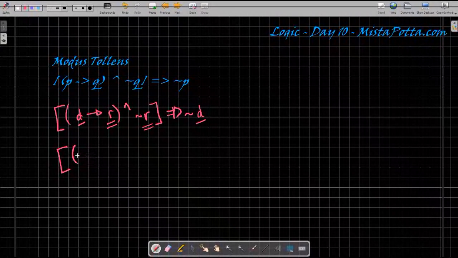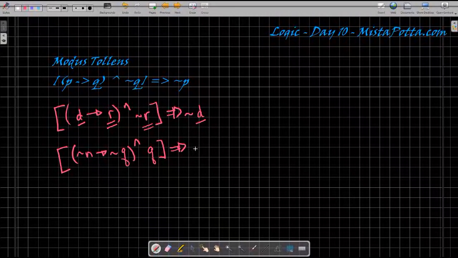So if I had something like negation N conditional negation Q, the opposite of negation Q would be a regular Q. And this should imply the negation of my antecedent.